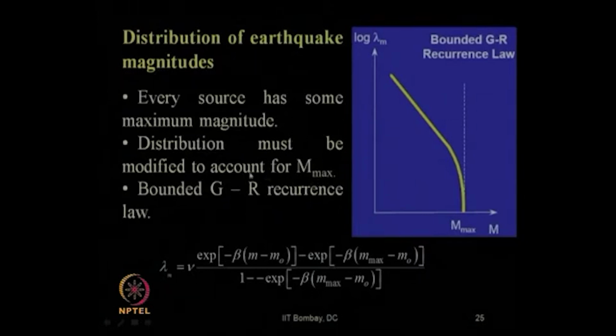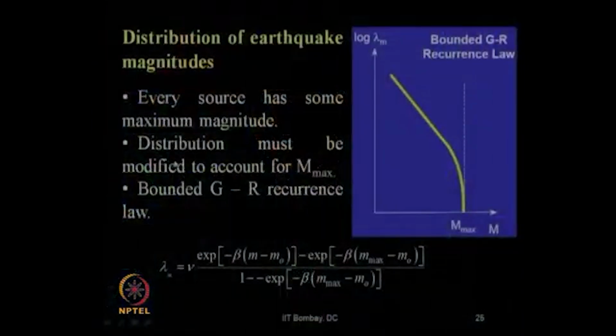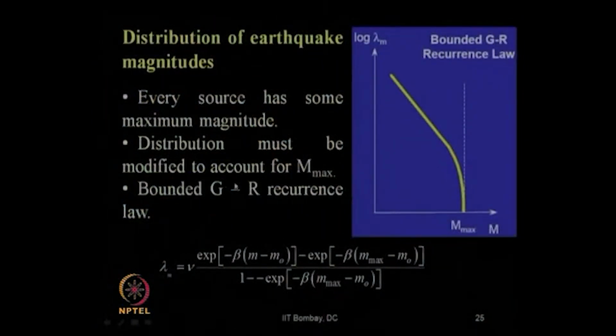That is, we should not use the proposed Gutenberg-Richter recurrence law for any magnitude, because that magnitude may not occur in that region from the possible sources for that particular site we are analyzing. So, we have to take care of the maximum magnitude which each source has already recorded. That is why the distribution must be modified to account for this maximum magnitude, and the bounded Gutenberg-Richter recurrence law comes into picture.